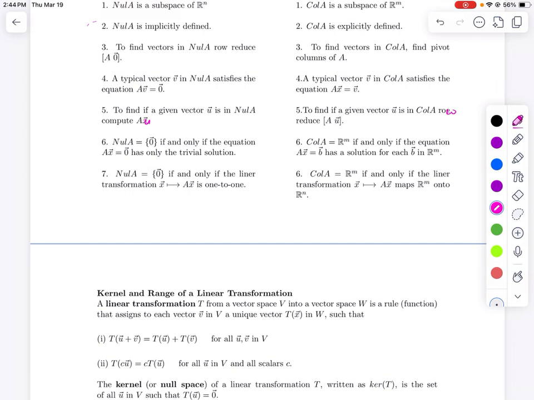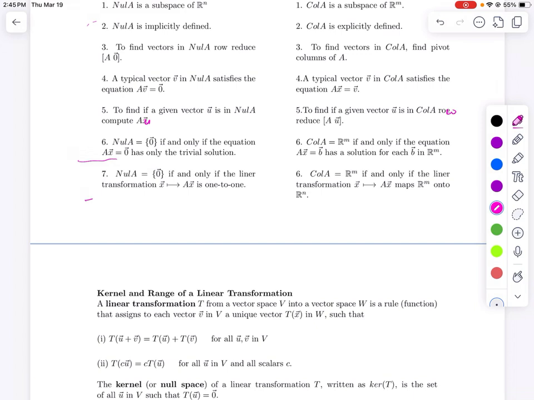Number 7: Null A is equal to 0 if and only if the linear transformation x to Ax is 1 to 1. Up till number 6, we were talking about the matrix A, but number 7 is talking about linear transformation.